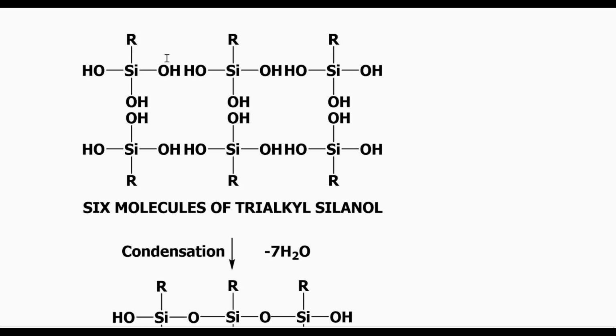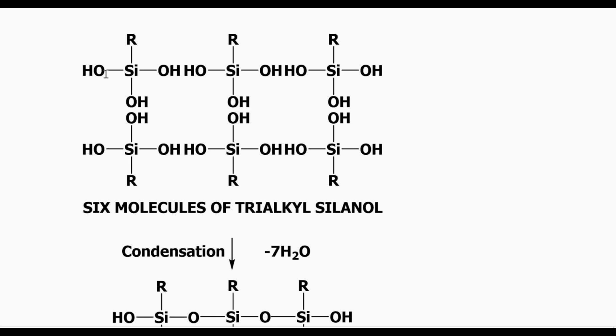Now friends, just for the sake of symmetry, I have shown almost all the molecules in same orientation. But you have to remember that sometimes it is possible that in place of OH you can have R, and in place of R you can have OH. So different possibilities of reaction will be opened up.